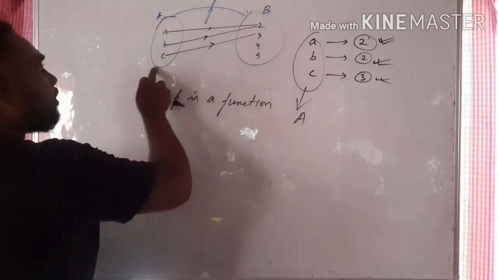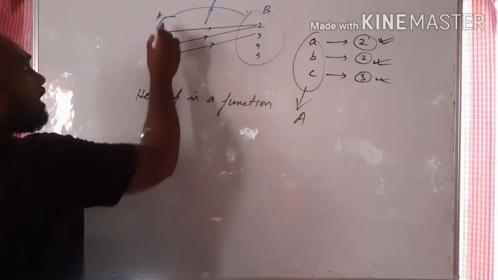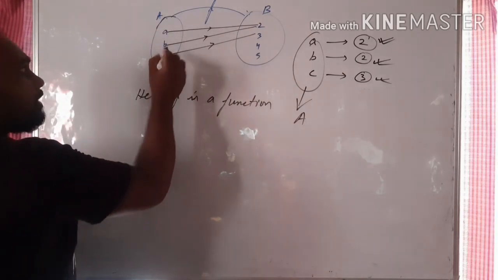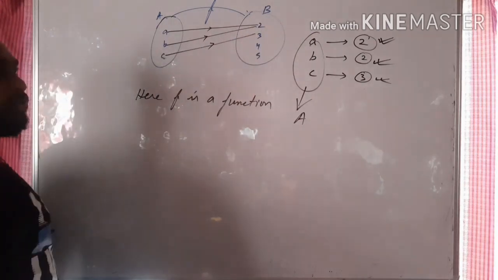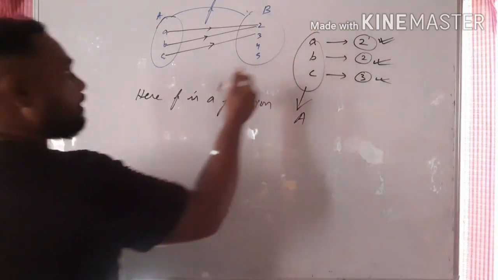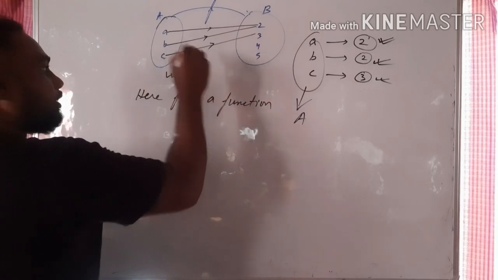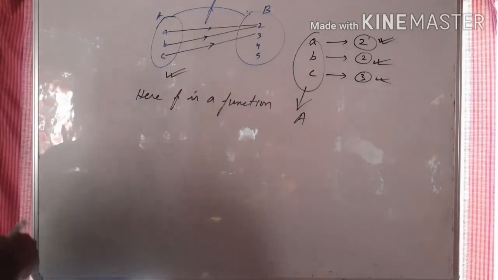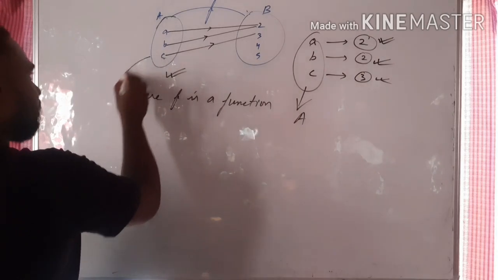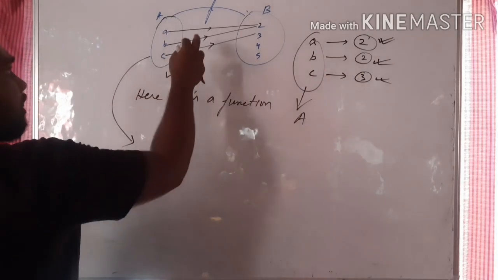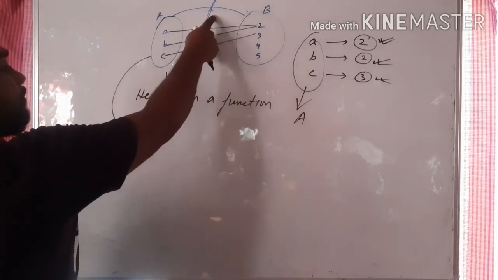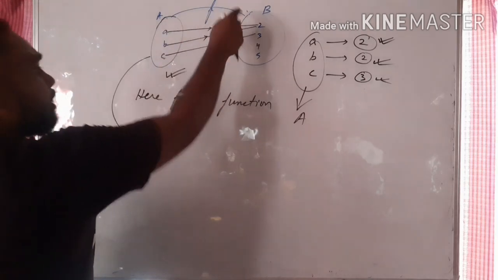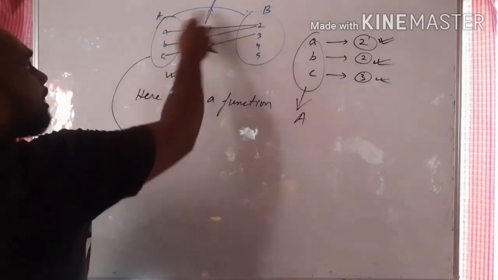Here we have 3 elements in A, and all these 3 elements are related to a unique element in B. That's why this is a function from A to B.